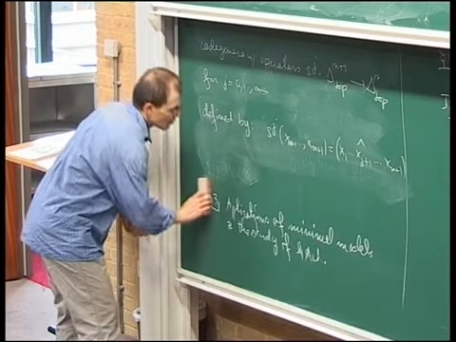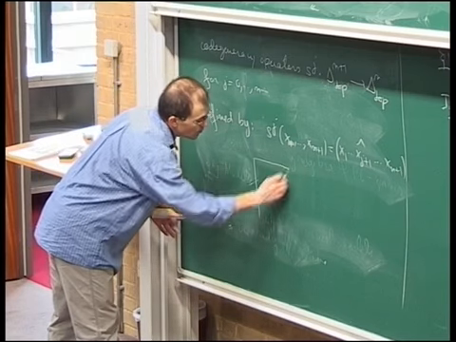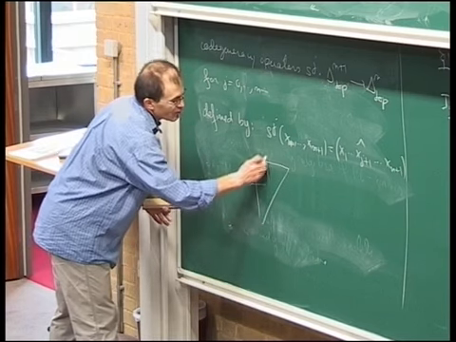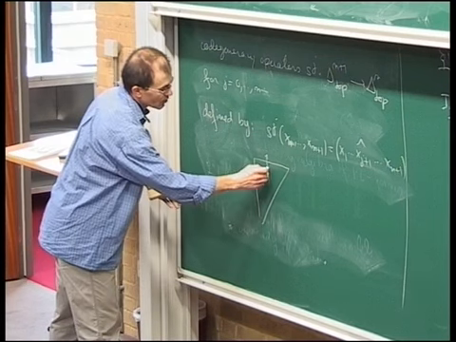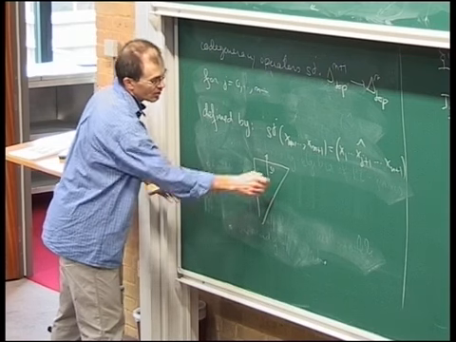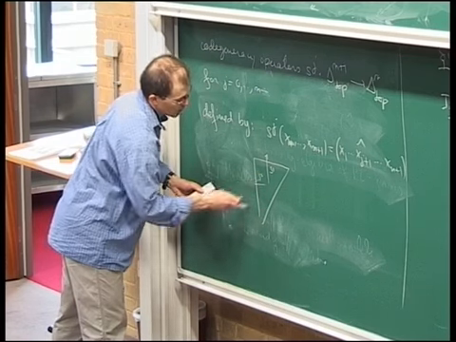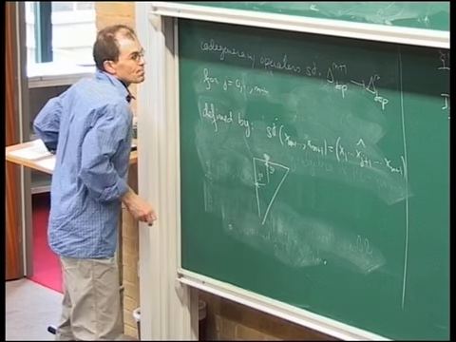So geometrically, for instance, in delta 2, s1 corresponds to this projection, and s0 to this projection.